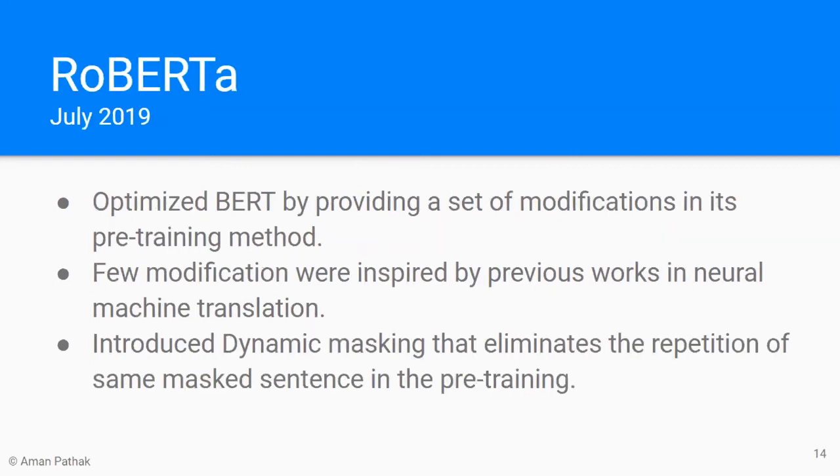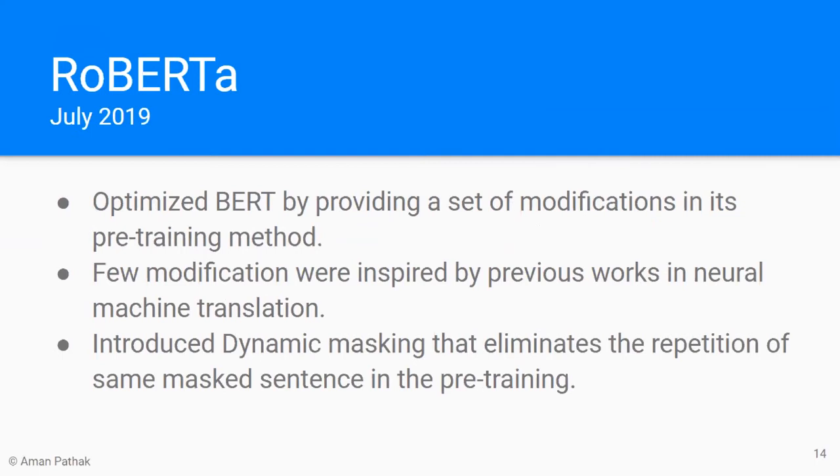We now move to July 2019, where we have RoBERTa, which has a BERT in it, and it optimizes BERT by providing a set of modifications in the pre-training method. RoBERTa is also pre-trained on a dataset which is 10 times larger, with a larger vocabulary, and on larger mini-batch sizes.